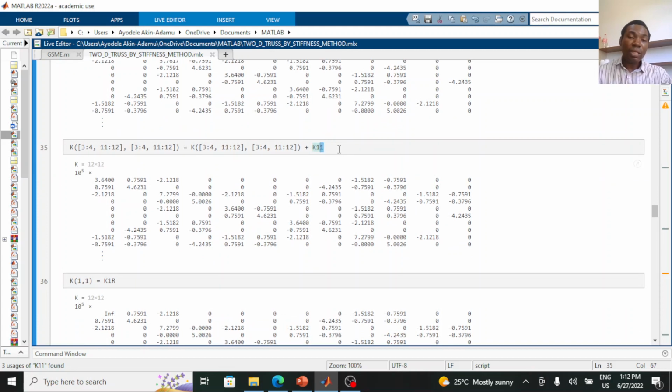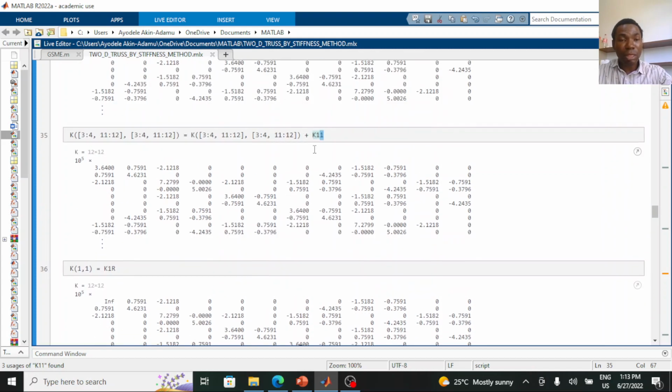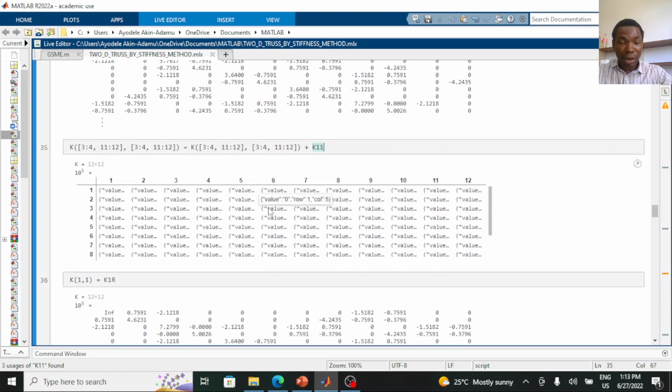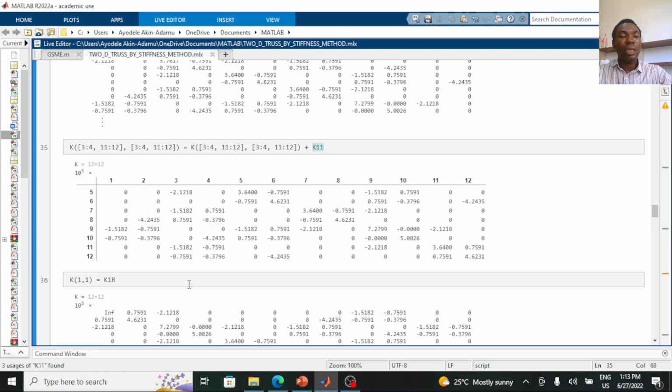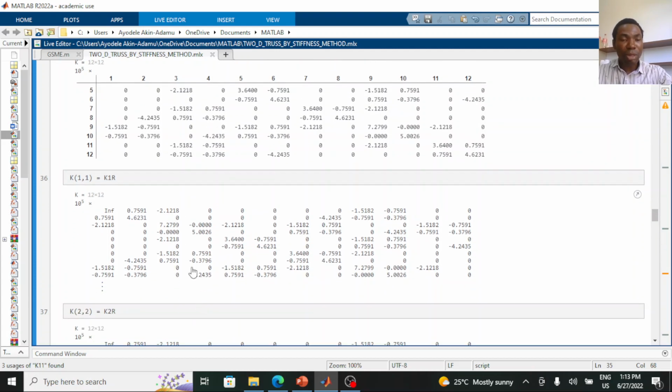After we have assembled all the local stiffness matrices for all the elements, this is our final assembled global stiffness matrix from the elements. But now we need to add the support stiffness as a modification to the global stiffness matrix.